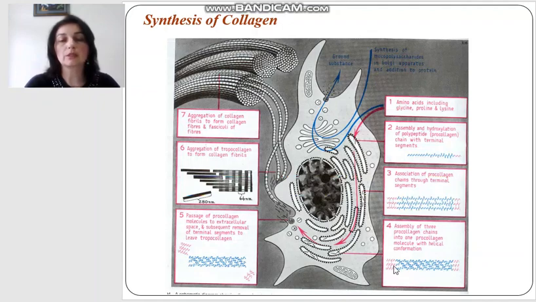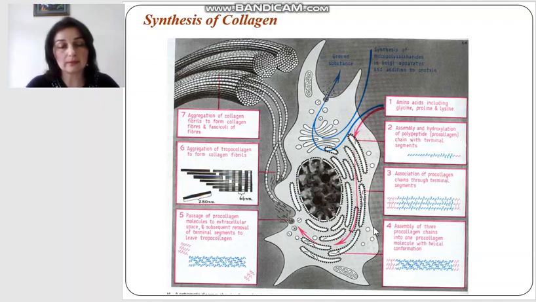Then these procollagen molecules are released via exocytosis into the extracellular space. But they are released into the coves, the folds on the cell membrane. And these folds, these furrows, will serve as molds to arrange the forming fibrils in the proper direction.